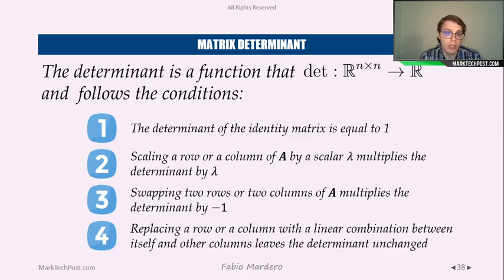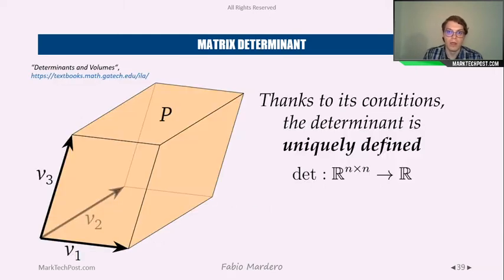Swapping two rows or two columns of A multiplies the determinant by -1. Finally, replacing a row or a column with a linear combination between the row or column itself and some other columns or rows leaves the determinant unchanged. Thanks to these conditions, the determinant is uniquely defined.